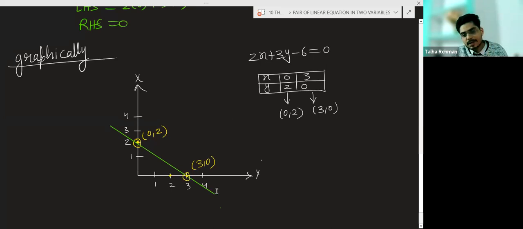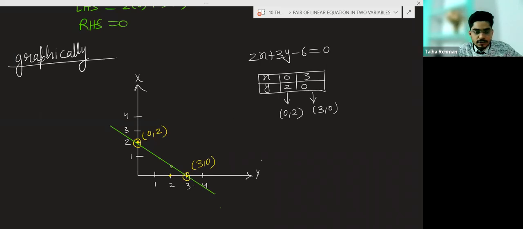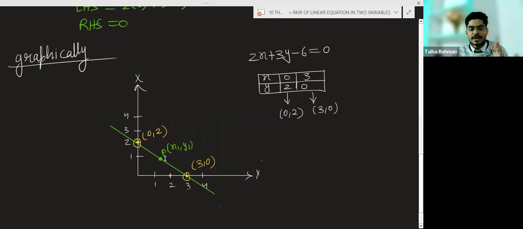So basically, for the points which are lying on the line, suppose here is any other point P, that is, suppose x1 comma y1. If this x1 comma y1 is lying on the line, it will be a solution of this equation.